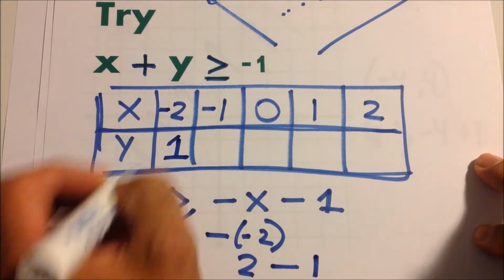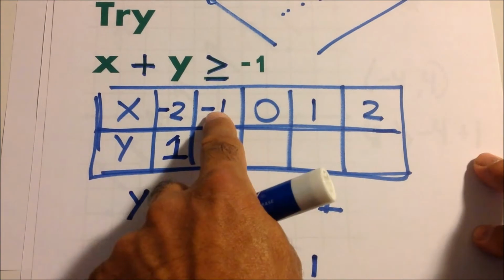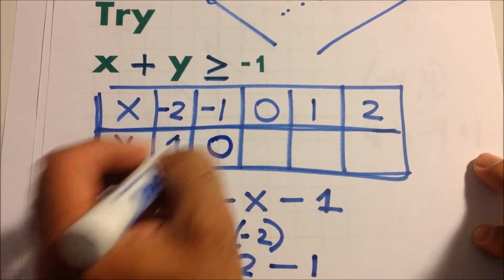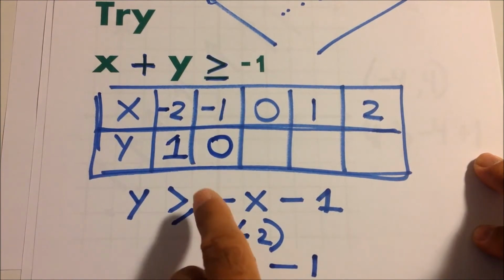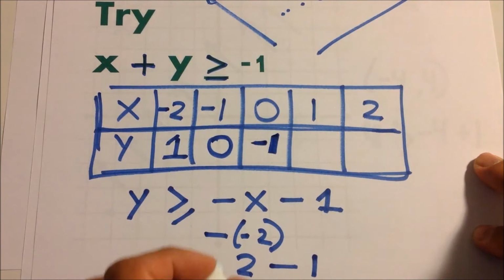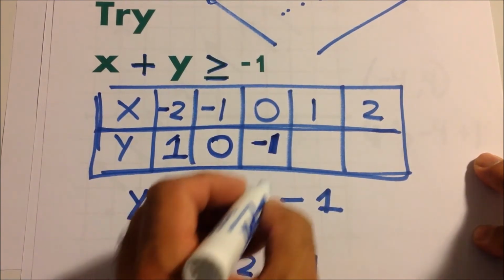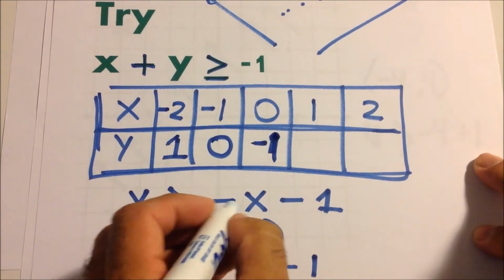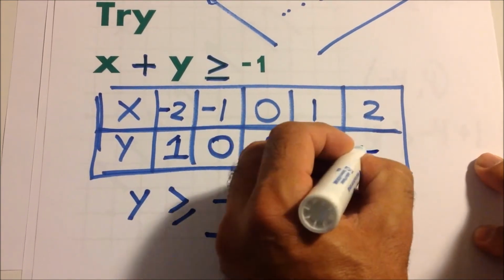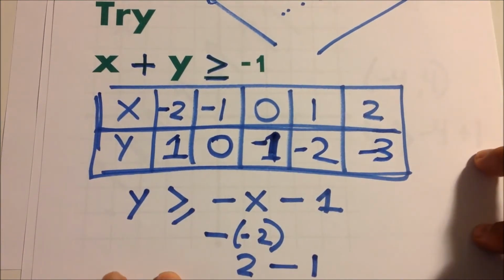It'd be 1. And if x was negative 1, negative of negative 1 is 1, and 1 minus 1 is 0. If x was 0, 0 minus 1 is negative 1. If x is 1, it's negative 1 minus 1, which is negative 2.